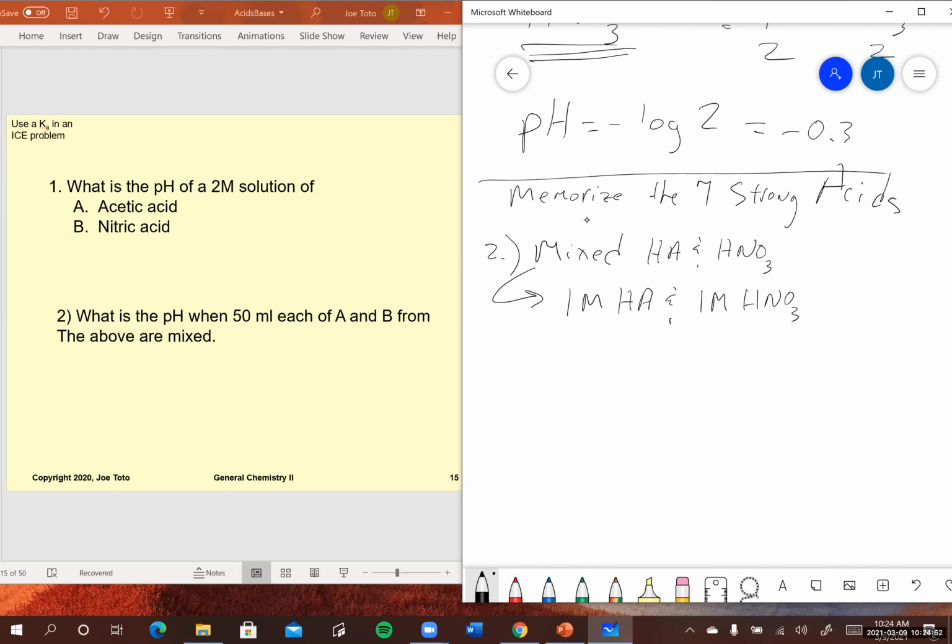Wait, sorry, how did you figure that it was 1 molar of each? Oh, it's just a dilution. It's a dilution law. So you remember M concentrated times V concentrated equals M dilute times V dilute, the dilution law. So if I take 2 molar and I take 50 mils of it, what is the diluted concentration? And there's going to be 100 mils total.